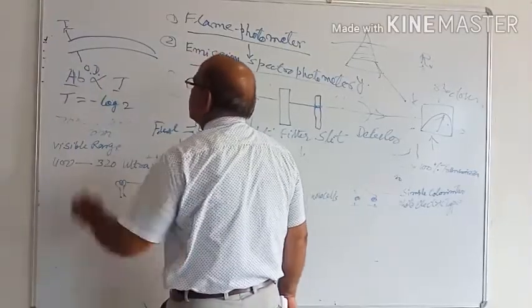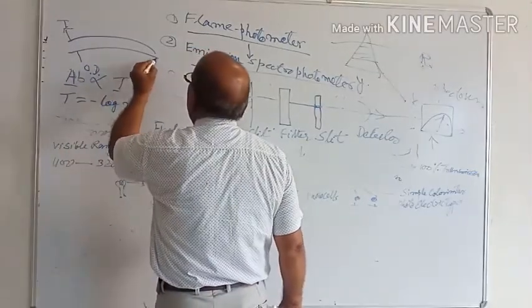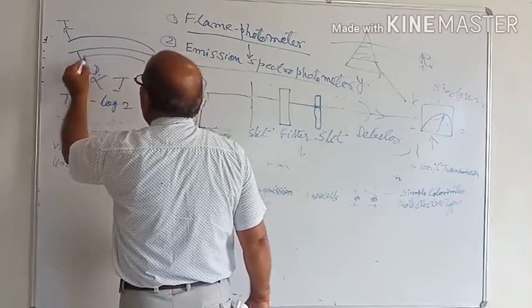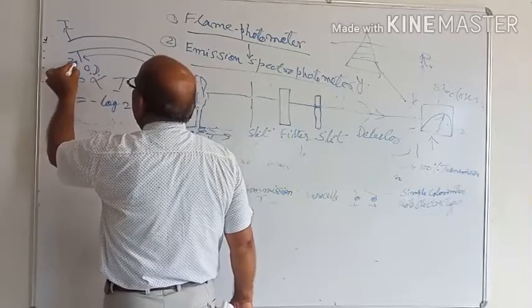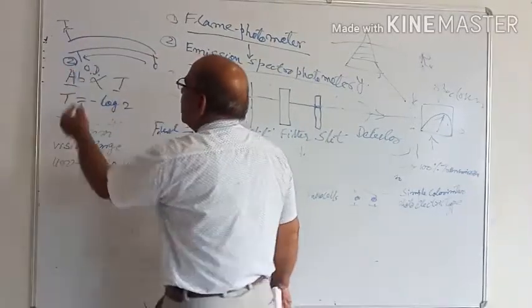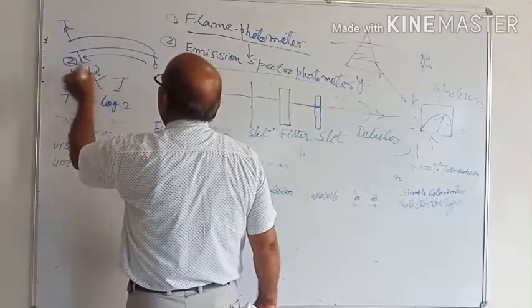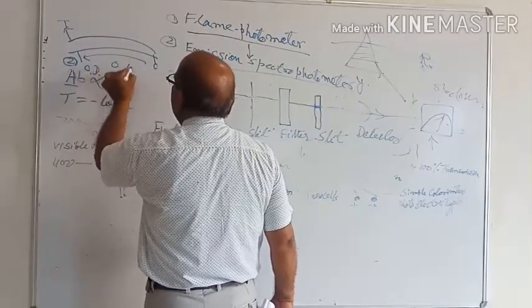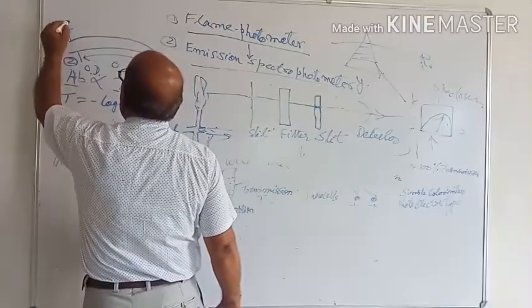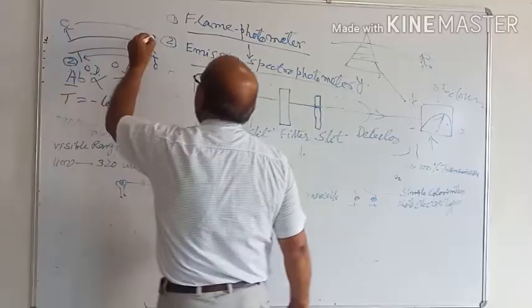So optical density goes from 0 to 2, because the maximum optical density of any solution may not exceed 2. So 0 to 2 is the OD, optical density, and transmission is from 0 to 100%.